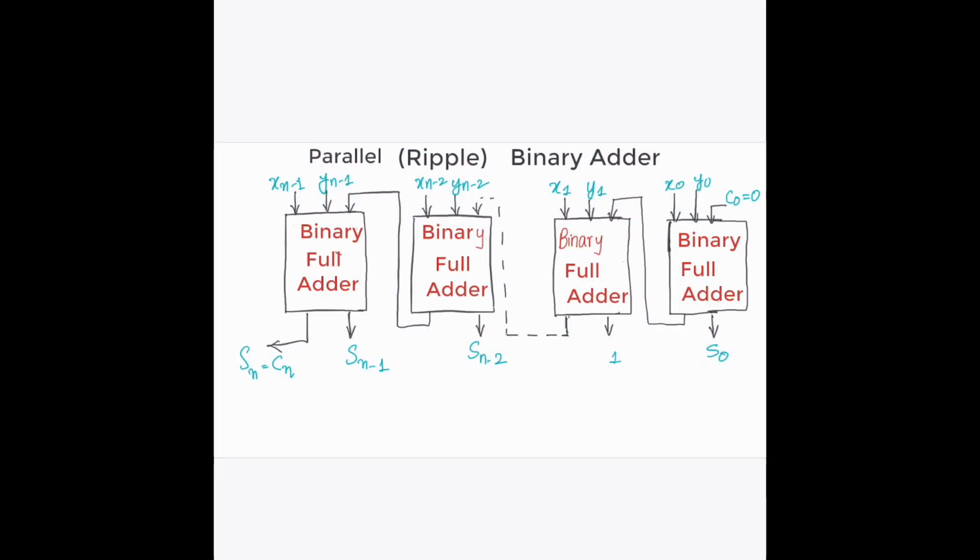So an n-bit binary adder can be obtained using single full adders by cascading them one after the other and connecting the carry bit from the first full adder to the second full adder. Depending upon the number of bits, we can connect many full adders in a cascaded manner, and the carry bit from the first full adder will be given as input, ci plus 1, to the next full adder.